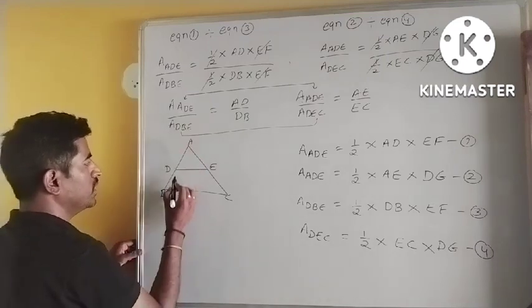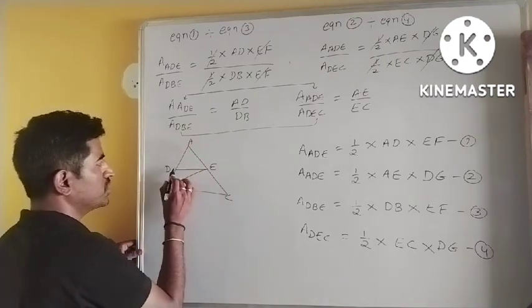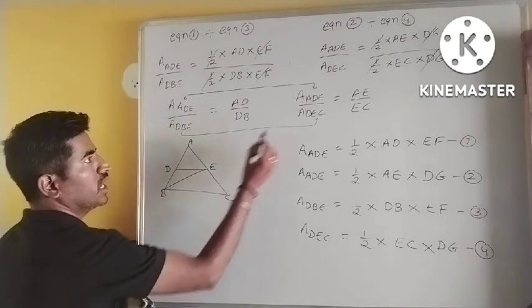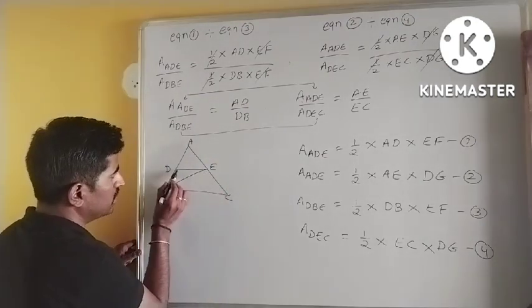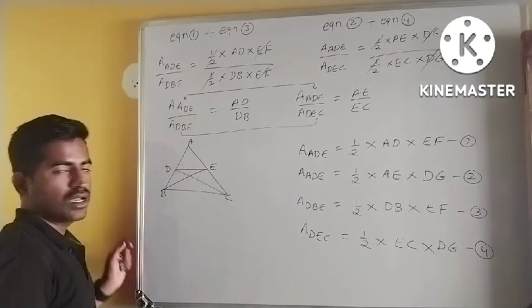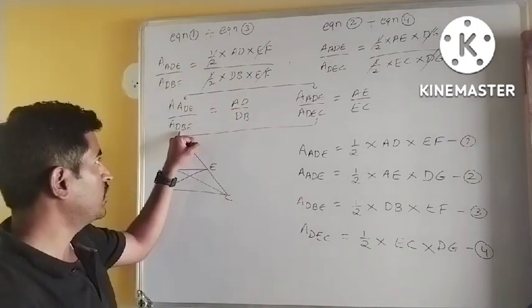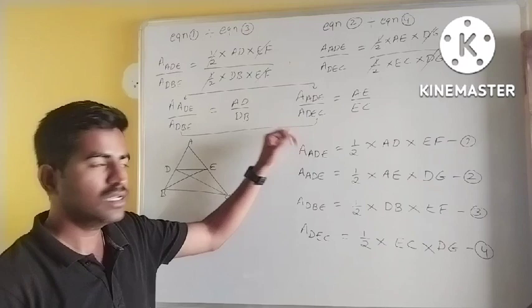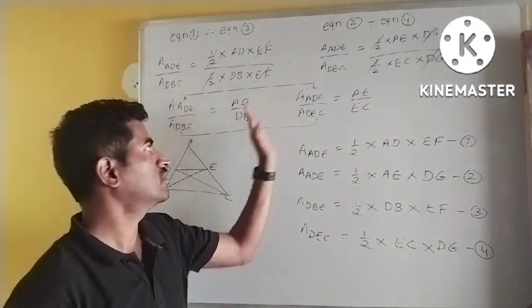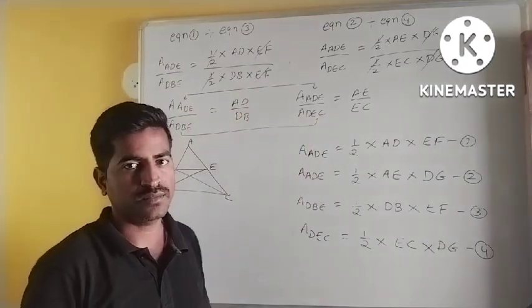DBE means this much, and DEC was this one. So the numerators are already equal. If we make the denominators equal, then we can say that the right hand sides are also equal.